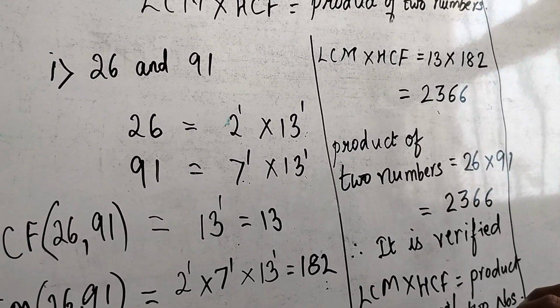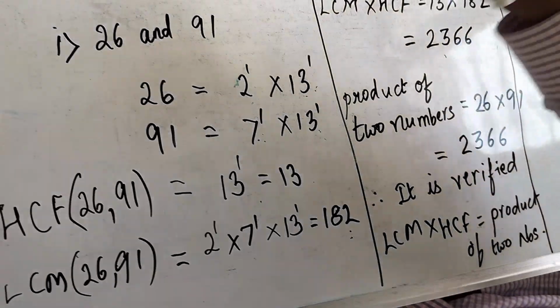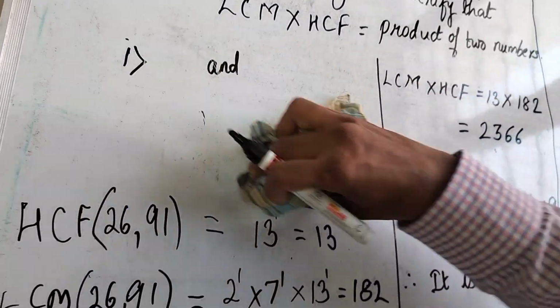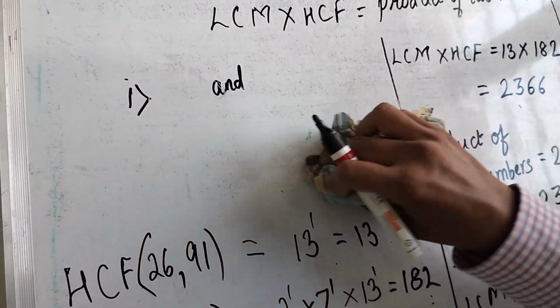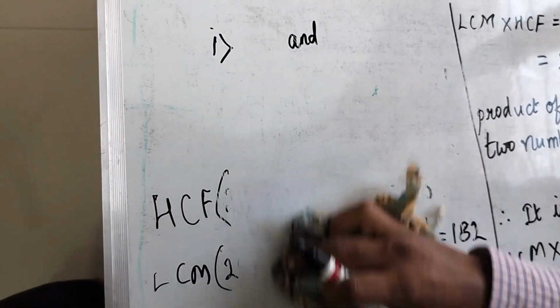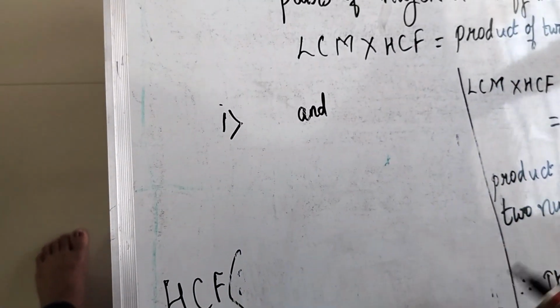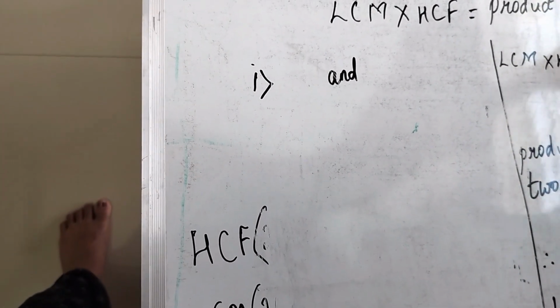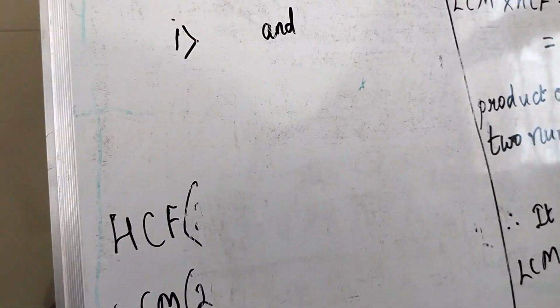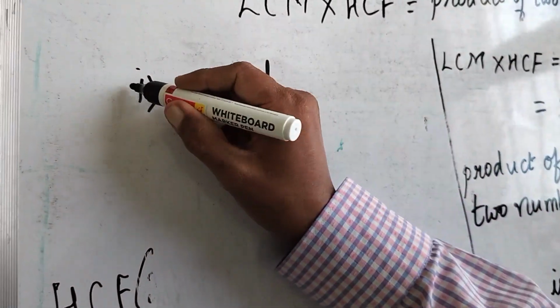Similarly, we are going to take another two numbers, which are 510 and 92. In a similar manner you have to do this question also.